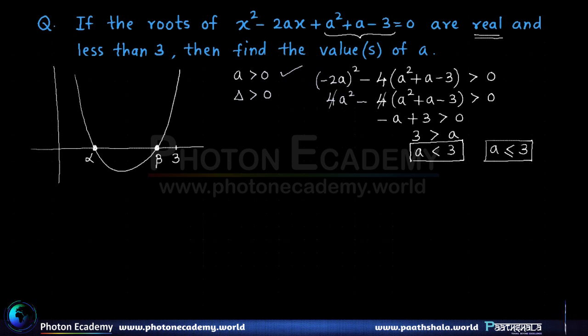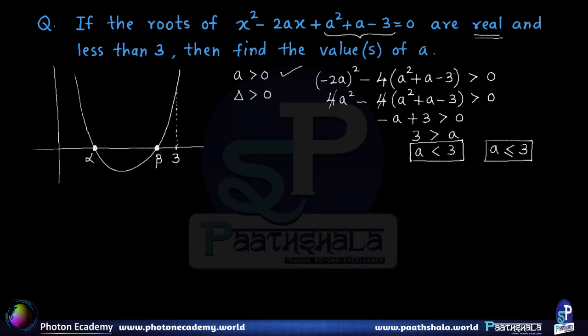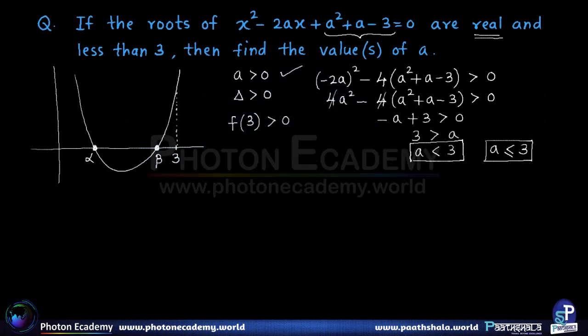Now another condition is that if we look at the value of the function at 3, then it must be positive. So we must have f of 3 to be some positive number. So therefore if we put x equal to 3 in the given expression on left hand side, so we have 3 square, which is 9, because this is where we are substituting x equal to 3.